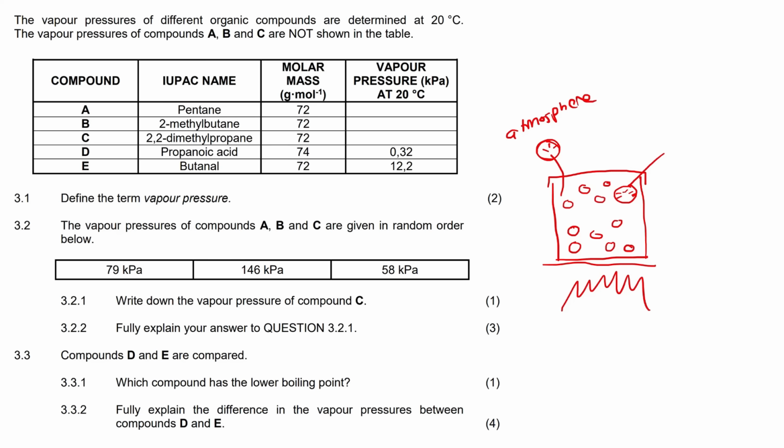Whoops, I just erased everything. So remember that this area here is not liquid, it's gas, whereas this area here is liquid. So as you produce more and more gas over here, the pressure that this system registers is going to go up, right? Because you're going to have more gas molecules.